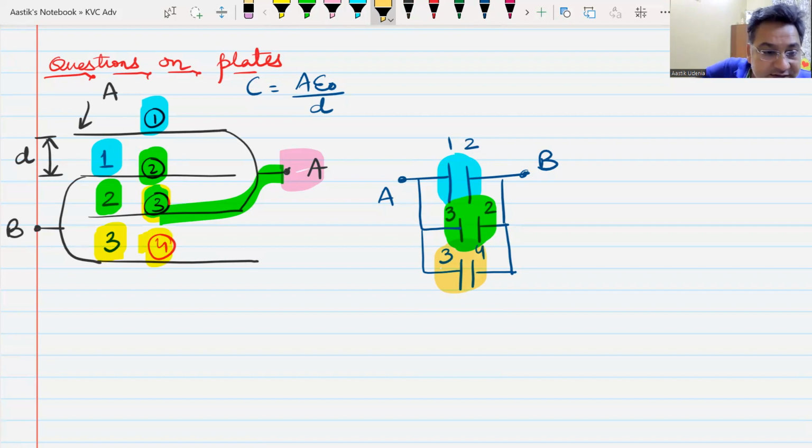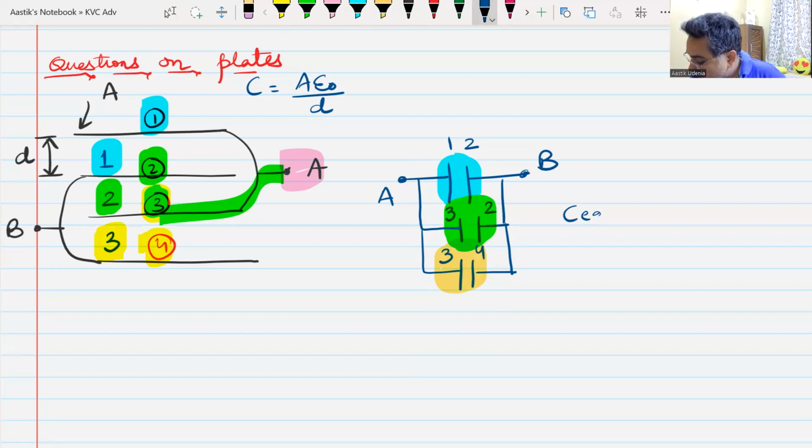That means all three capacitors are connected in parallel, so the equivalent capacitance becomes 3 times A epsilon naught by D. Do we understand this?